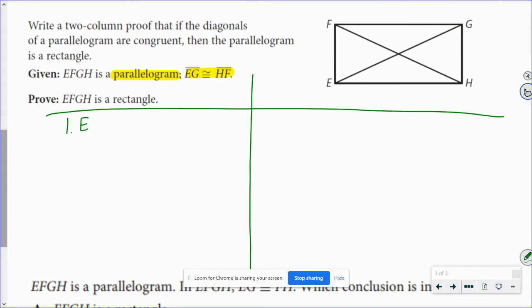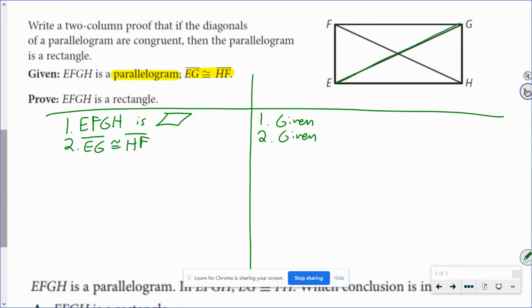Givens always first: parallelogram, and diagonals congruent. Yeah. So those two are congruent to each other. So why does that make it necessarily a rectangle?